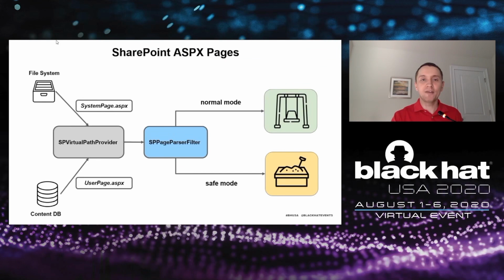The virtual path provider can fetch content from the file system or database. Based on the virtual path of the current page, the SPPageParserFilter will decide whether it is a site page and safe mode should be applied, or it is an application page and it will be processed without any restriction. So the page filter is a critical element from a security point of view in SharePoint.